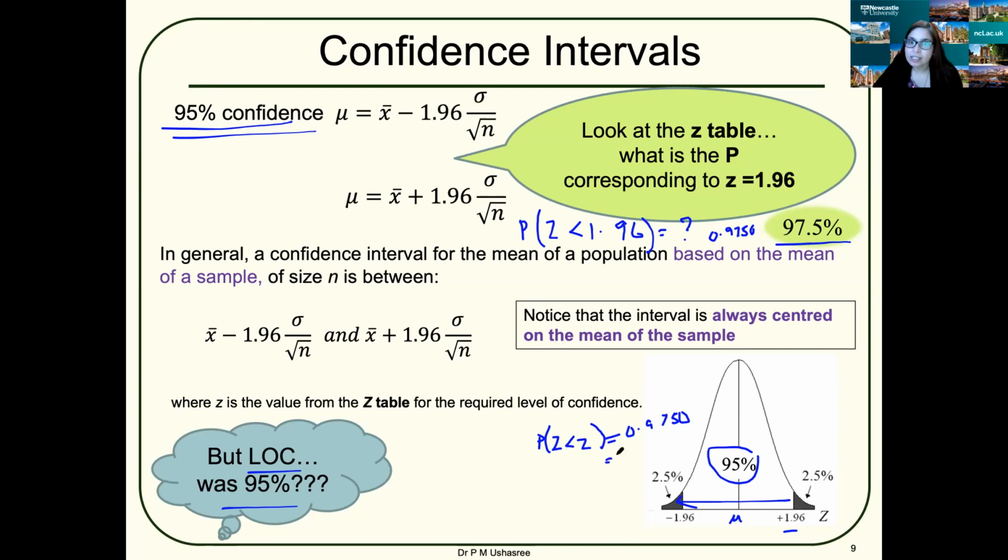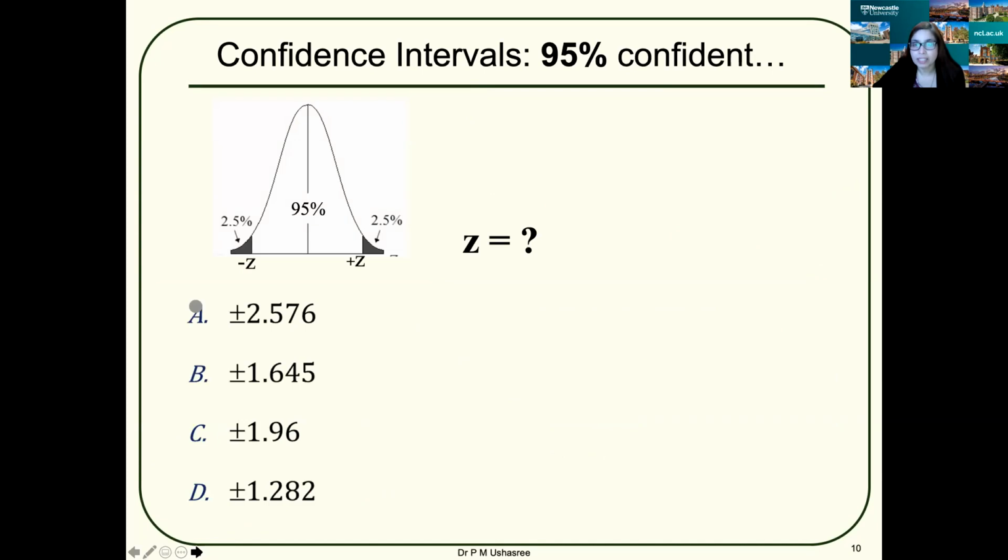It is 0.95 plus 0.025. And that is why, even though the level of confidence is 95%, the value of Z we used for 95% confidence is for 97.5% probability. So we have a term for that, and we're going to see that now.